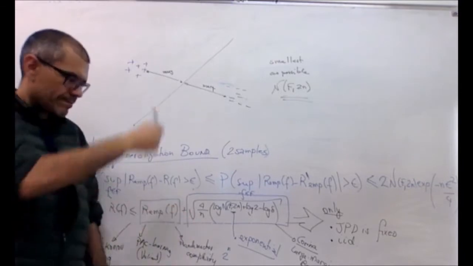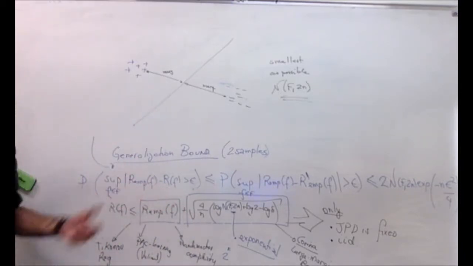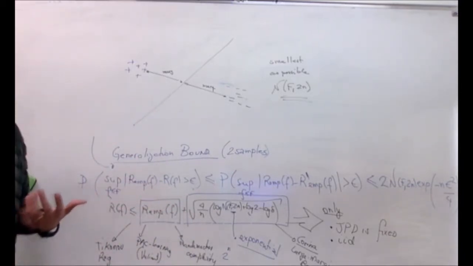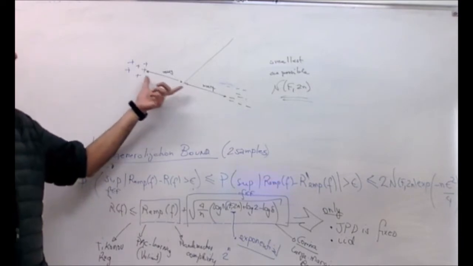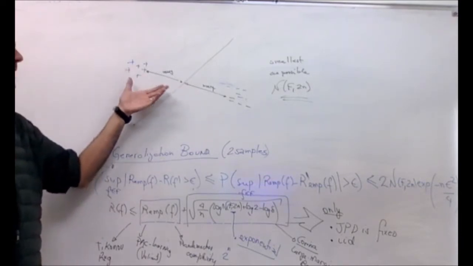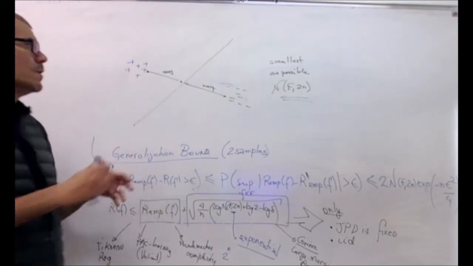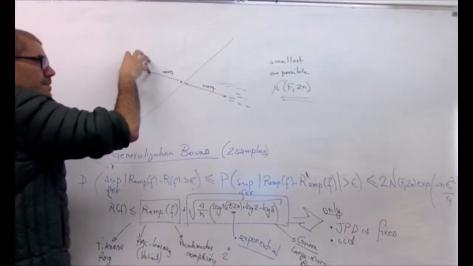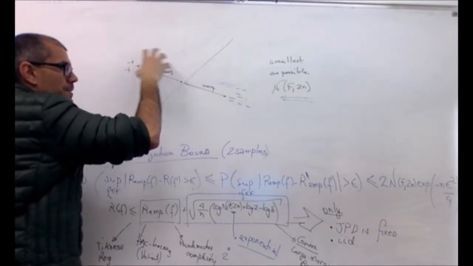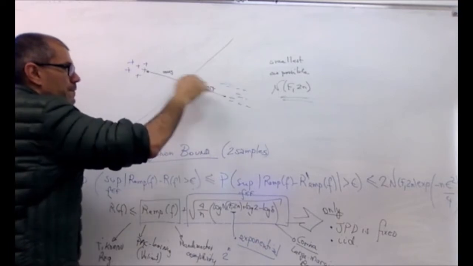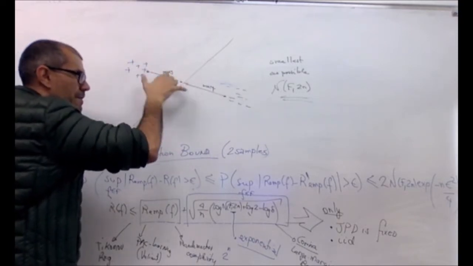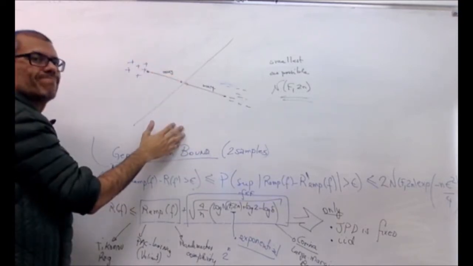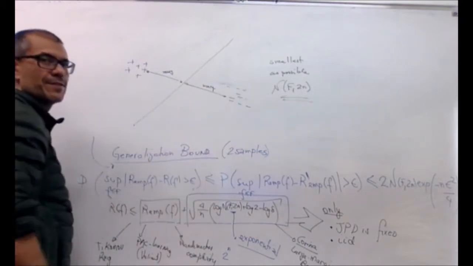I can write down that bound, but what's most important is that as soon as I find some space where I have a data distribution from the positive side and another from the negative side, which are very, very far from each other, I reduce the shattering coefficient.